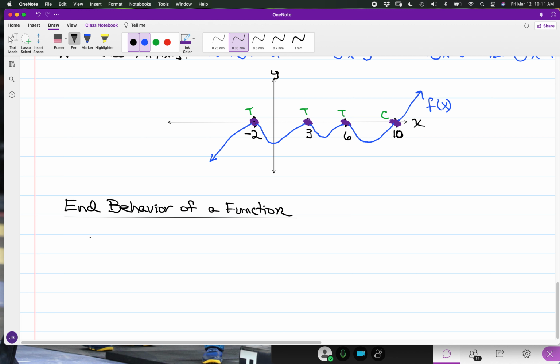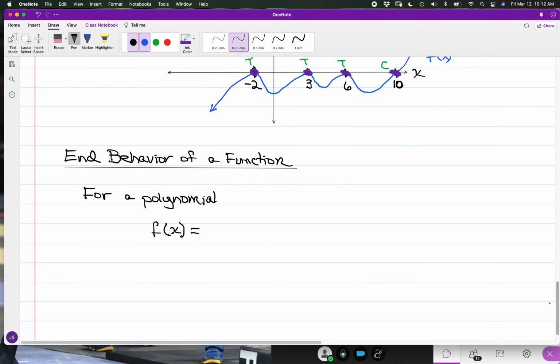See, we have for a polynomial f of x. Now I'm going to start out with general theoretical notation, like with superscripted and subscripted variables.